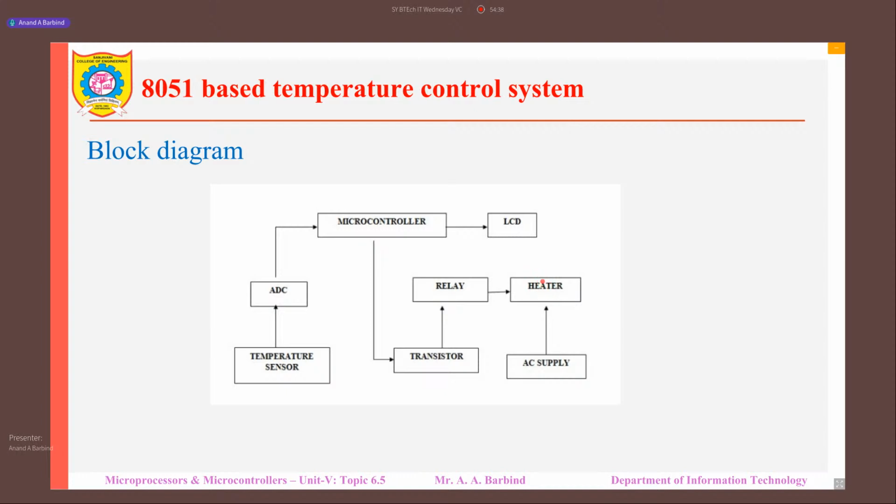This is one way of controlling the temperature, so probably this system can be used in areas where it is always very cold and you need to put on the heaters so that it comes to the required temperature, for example in a country like Canada.